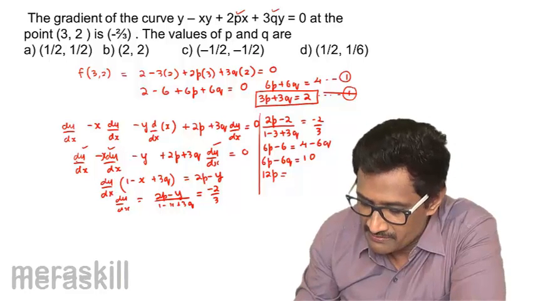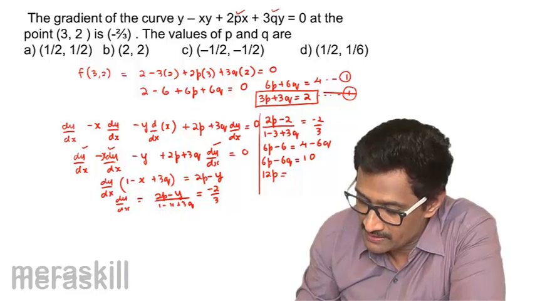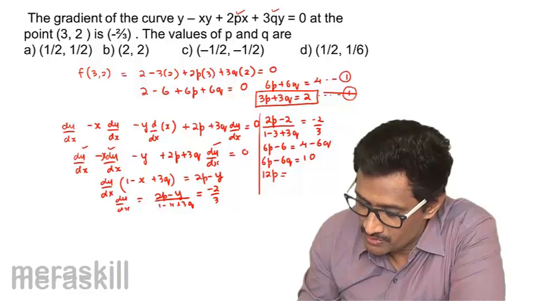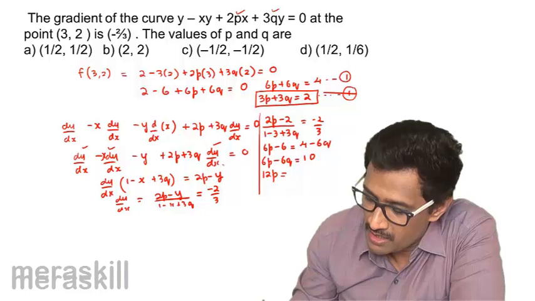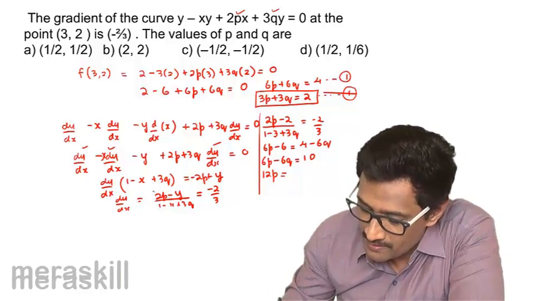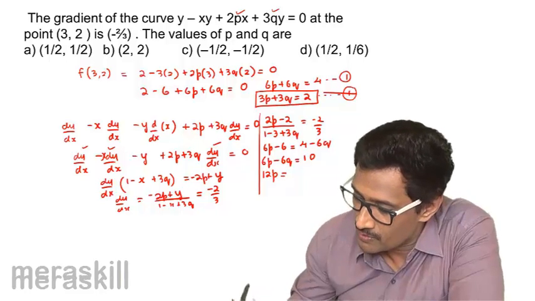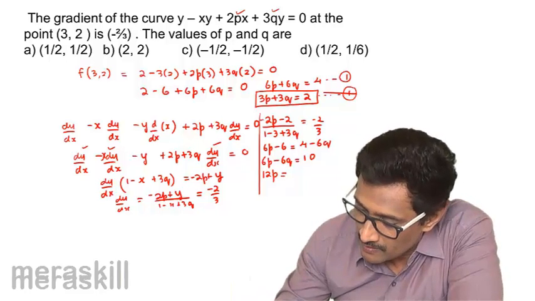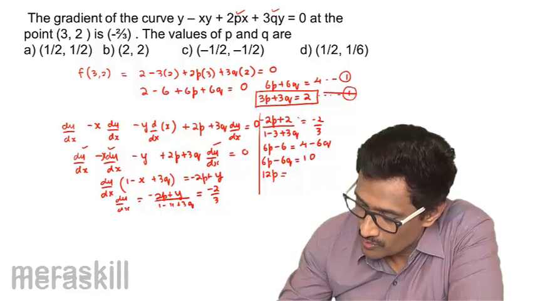So for dy by dx, you have 1 minus x plus 3q, and oh yes, when it goes to the other side, it's going to be minus 2p plus y, plus 2.